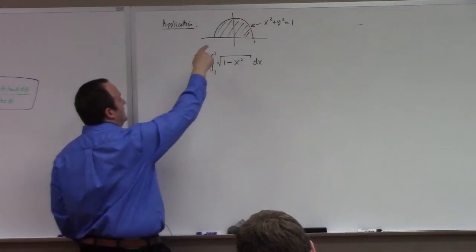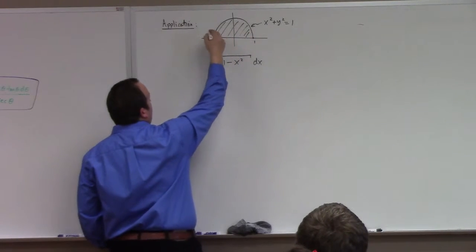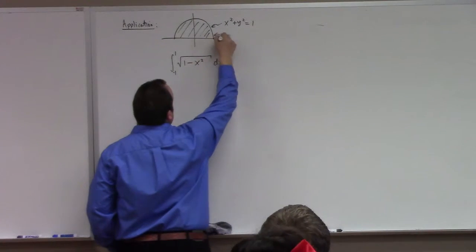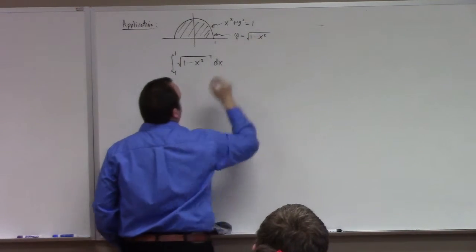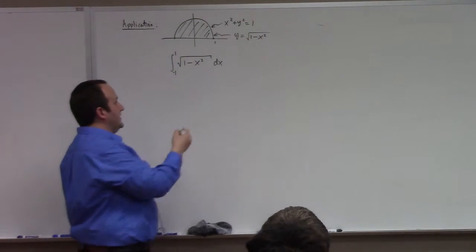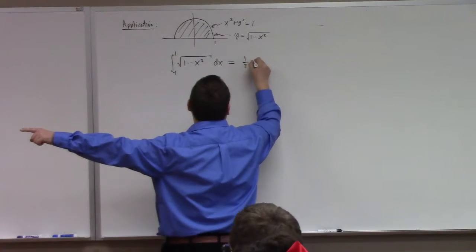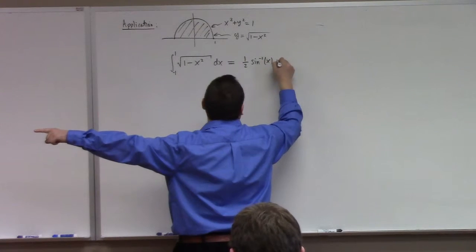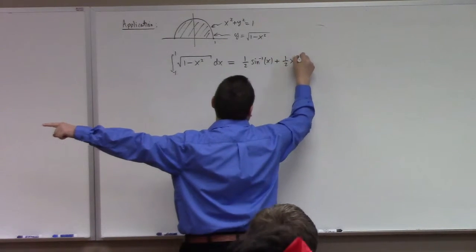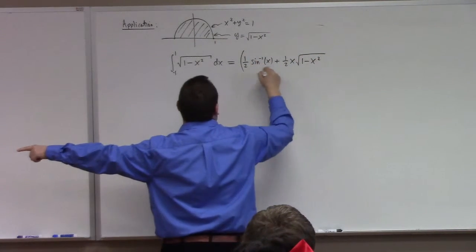If I solve for y, it's the upper half of the circle. We've got y is equal to the square root of 1 minus x squared if we solve for y. Now this then is what? This is equal to, apparently, 1/2 inverse sine of x plus 1/2 x times the square root of 1 minus x squared, big old parentheses.